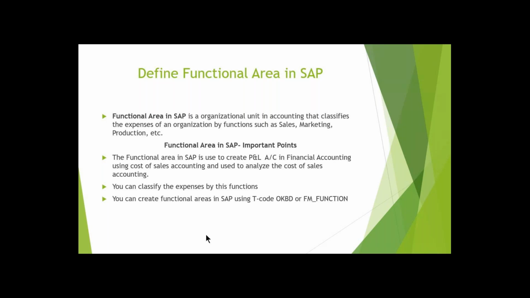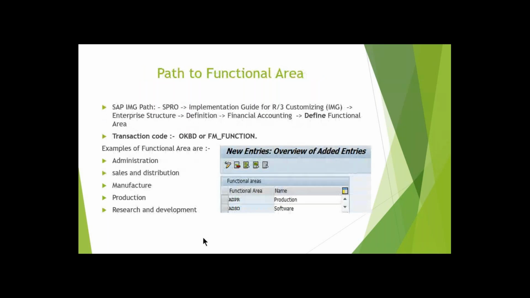Whatever salary things I do, that should be done under one functional area. Whatever general transaction I do, that should be under one functional area. So when you are creating the functional areas, what are all the functional areas I can create?